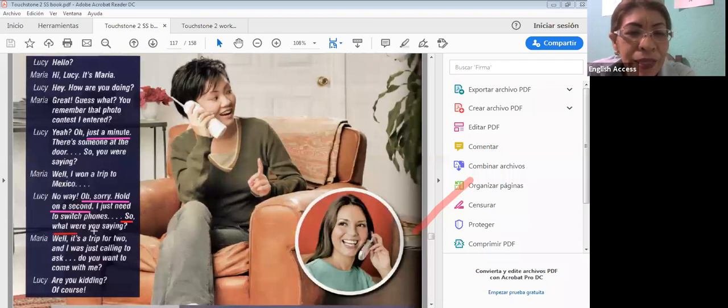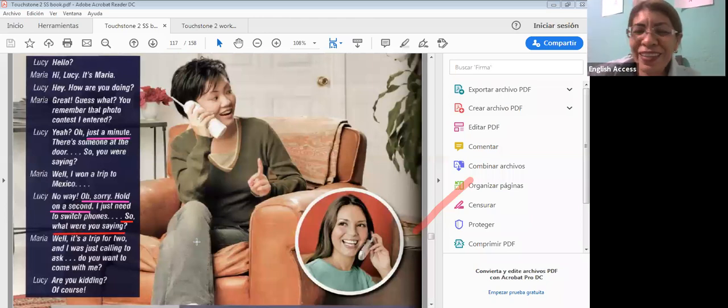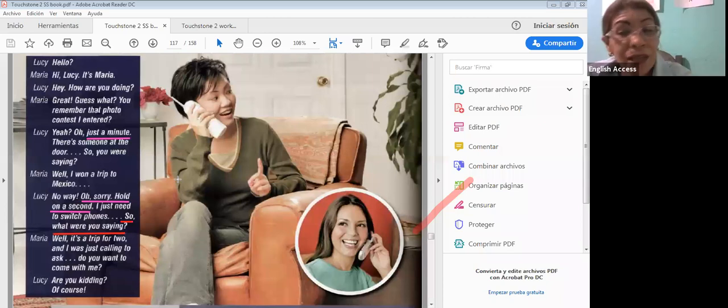What were you saying? We have one. There is another expression. Remember that she interrupts the conversation twice, and she restarts the conversation twice.